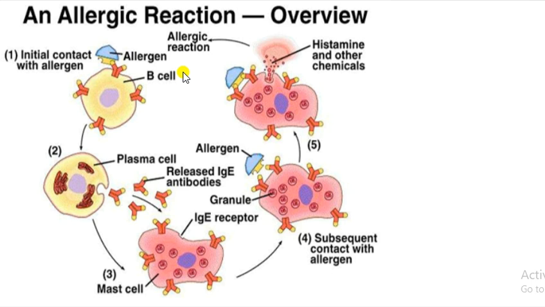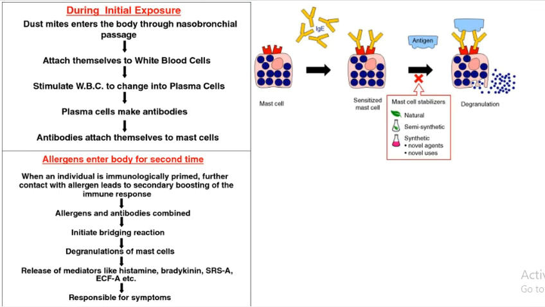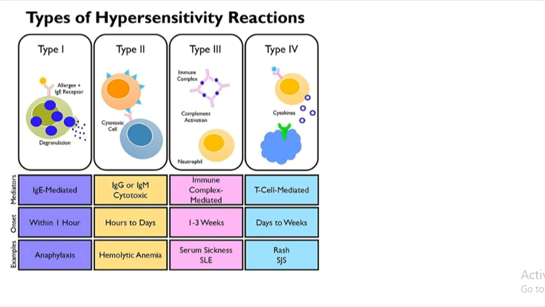So first we need to understand what types of reactions take place in our body against allergens and antigens. An antigen is any foreign body, of exogenous or maybe internal origin, which promotes or stimulates the production of antibodies.